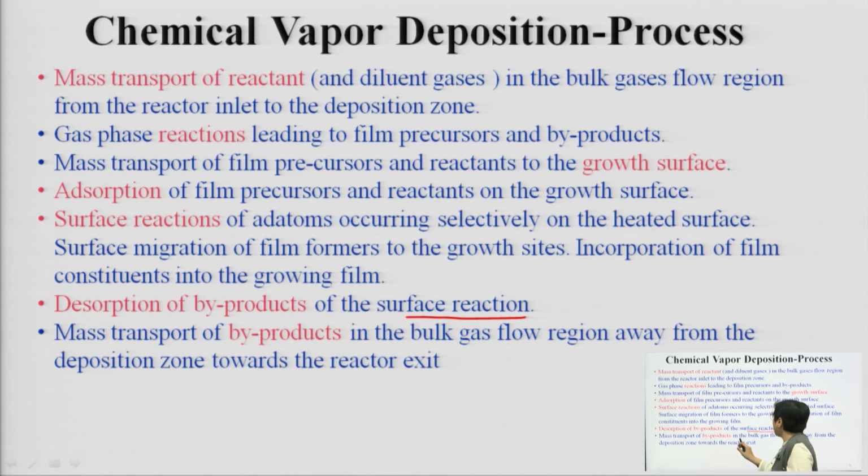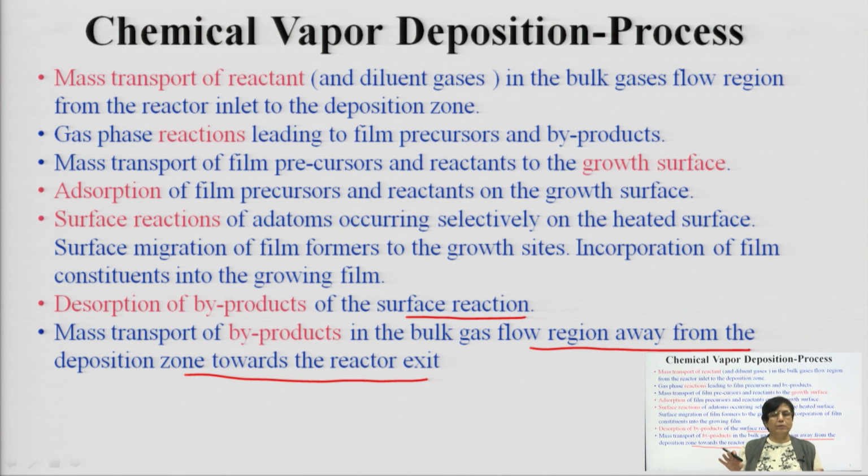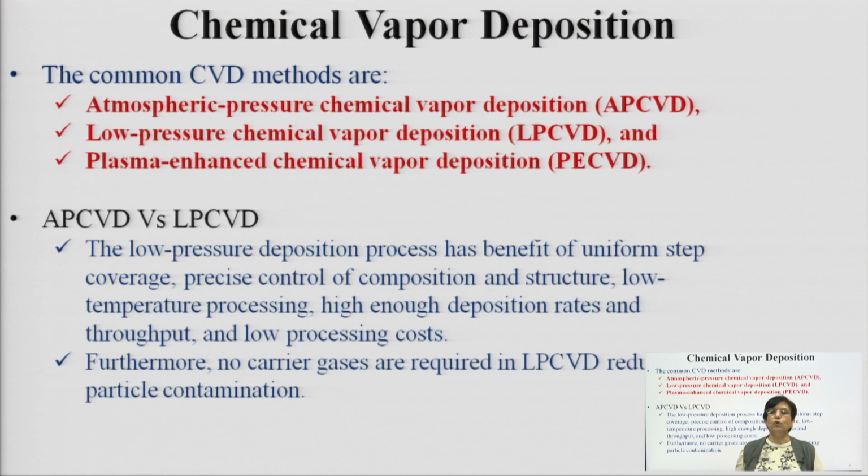Then comes mass transport of the byproducts in the bulk gas flow region away from the deposition zone towards the reactor exit. Once the deposited sites are clear, the byproducts are to be driven away, so that there is no further reaction in the chamber.